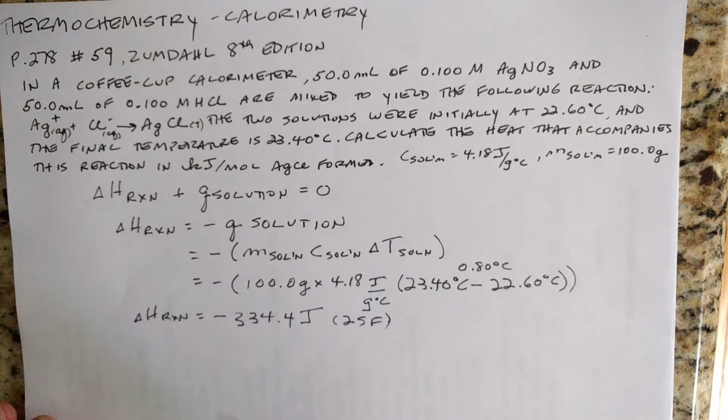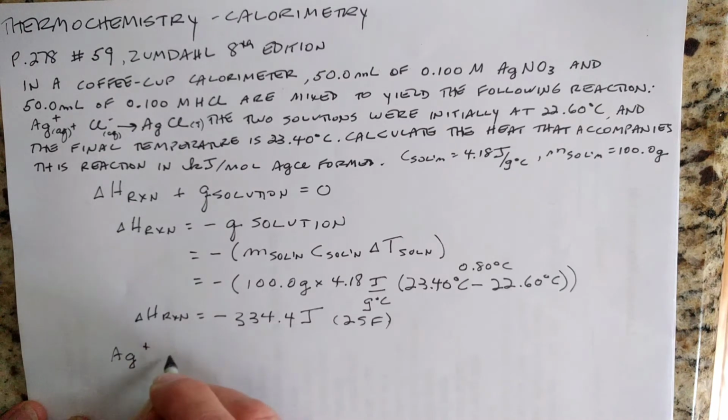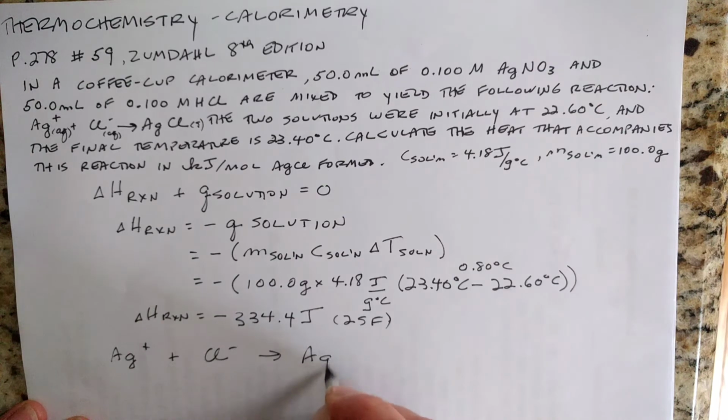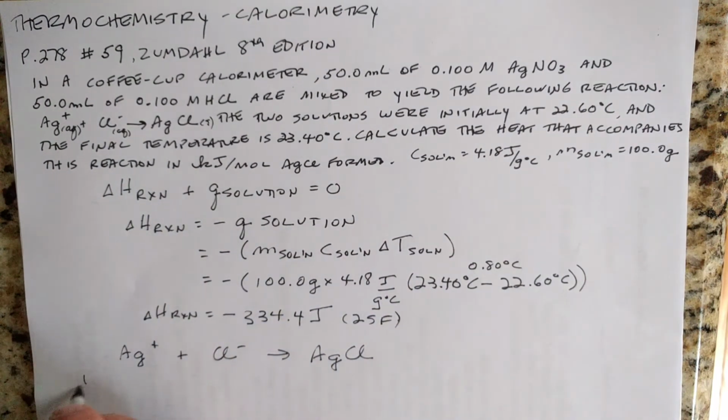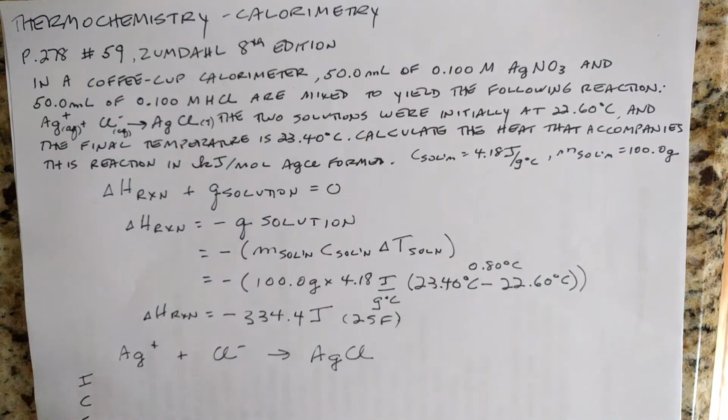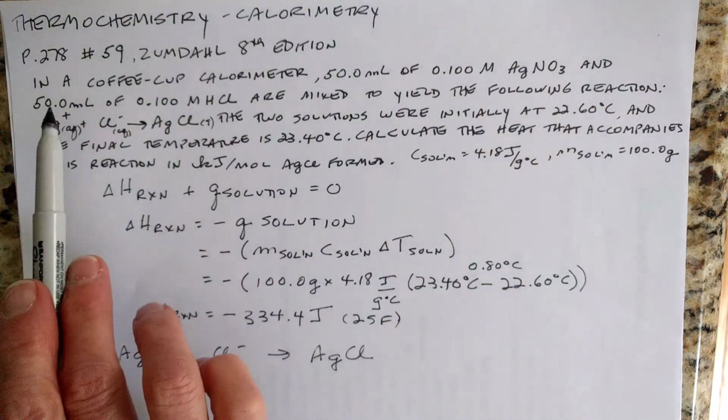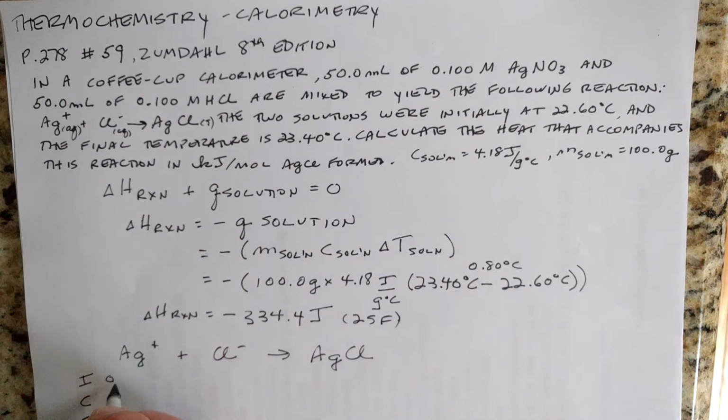So we go back to our reaction, and we have that the Ag+ plus the Cl- yields the AgCl. I'm going to do an ICE table here, since we're given the amounts of both of our chemicals. So 0.1 molar and 50 mL means we have 0.00500 moles of Ag+. There's one Ag+ for every one AgNO3.